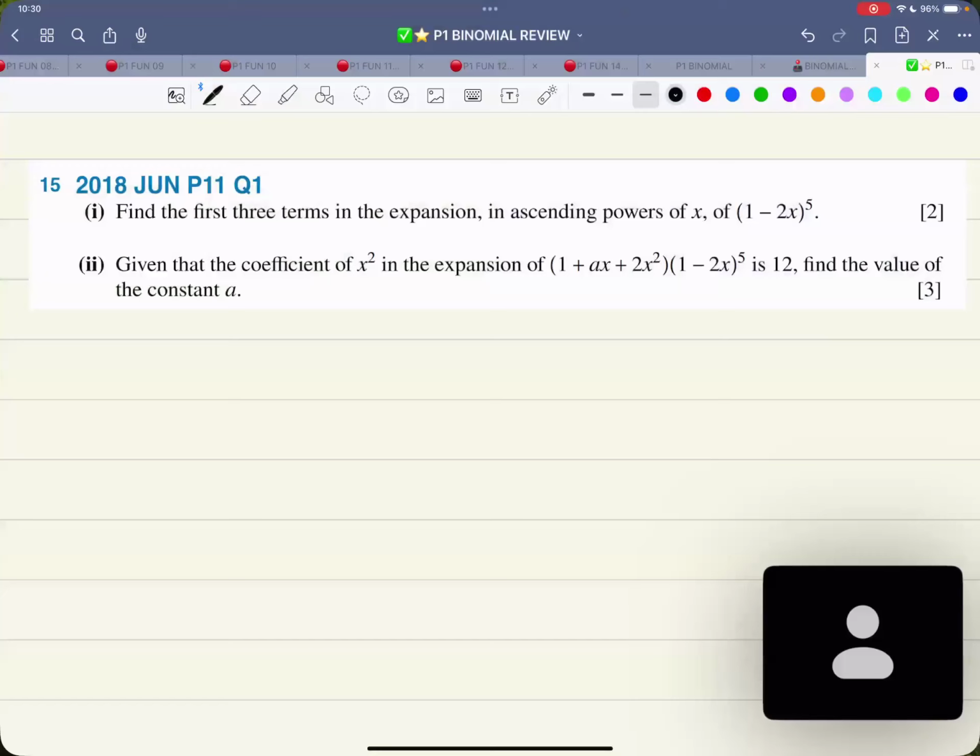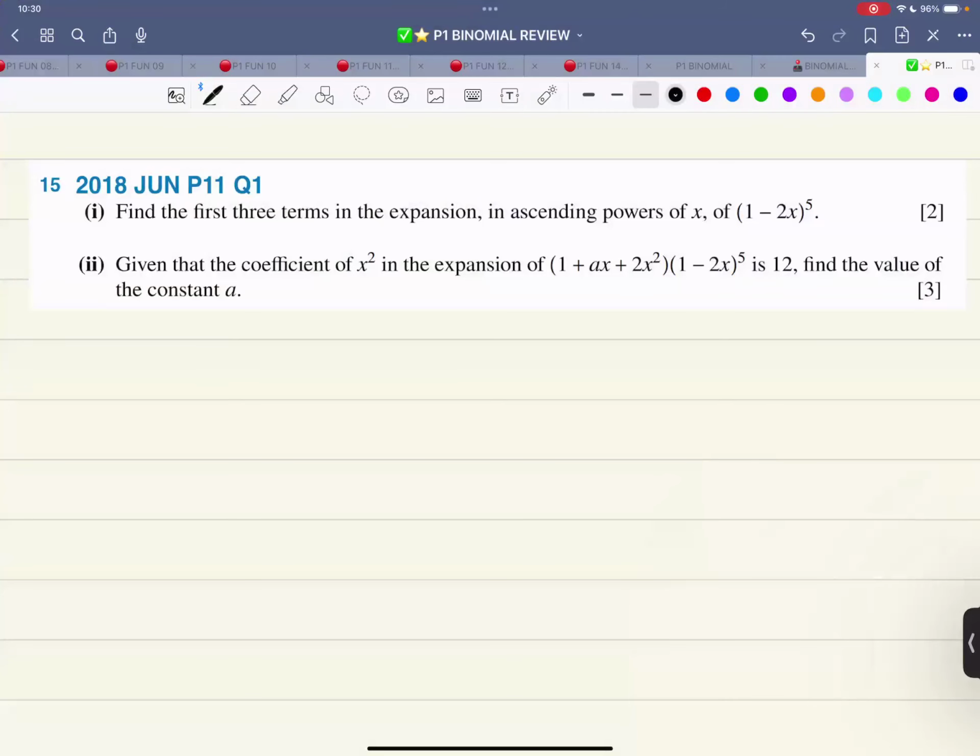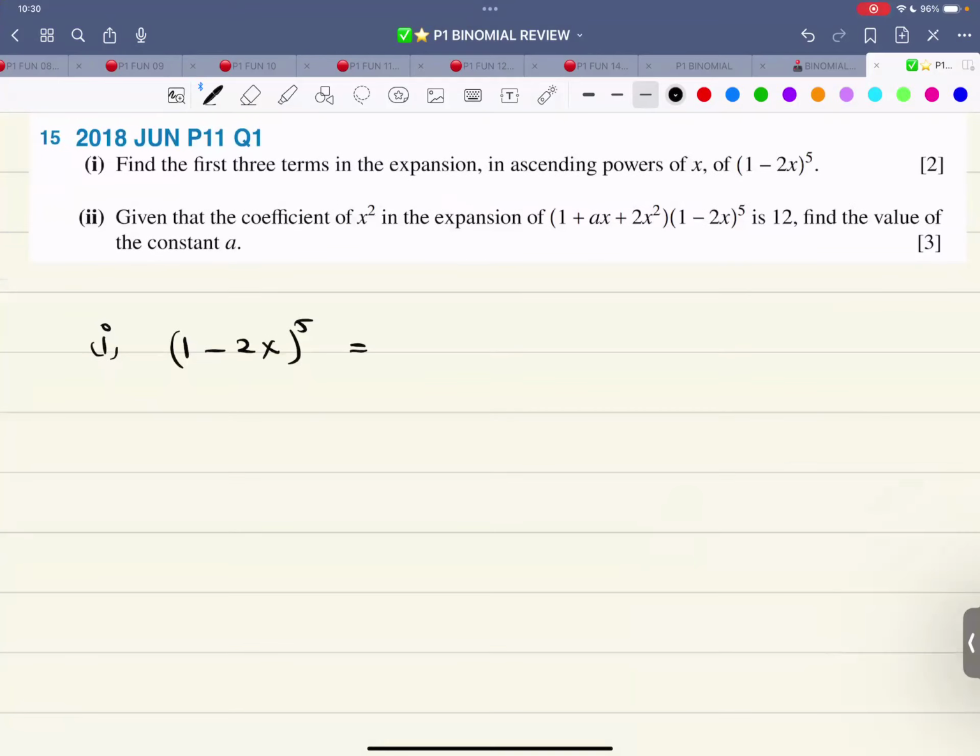Achha. So now in this question, it says part 1, find the first 3 terms in the expansion of 1 minus 2x raised to power of 5. So the first term, 5C0, negative 2x raised to power of 0. 5C1, negative 2x raised to power of 1. 5C2, negative 2x raised to power of 2, and so on.